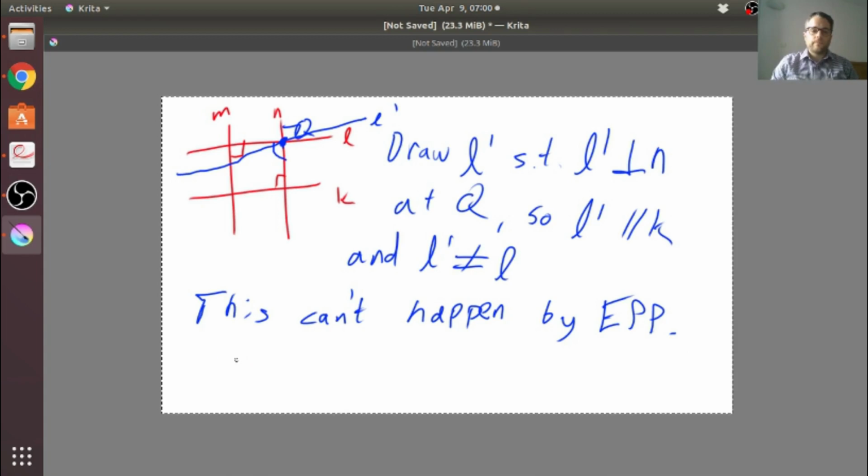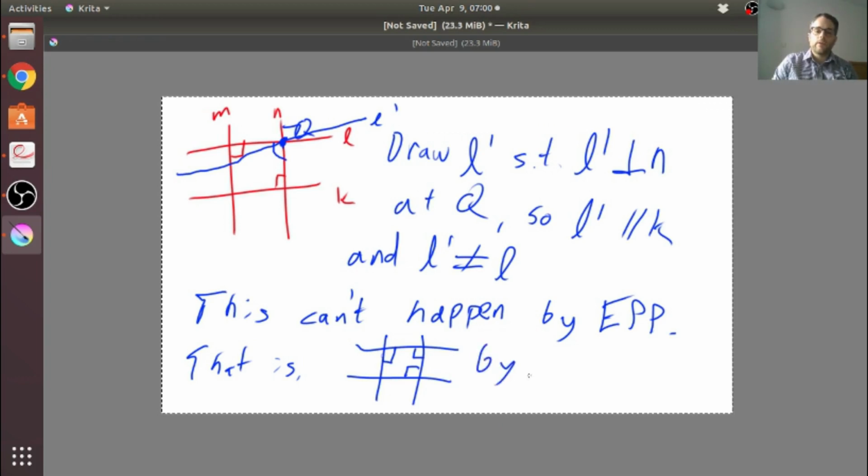So I have this picture. I had this right angle, I had this right angle, and I actually do have a right angle up here. So by the alternate interior angles theorem, M and N are parallel.